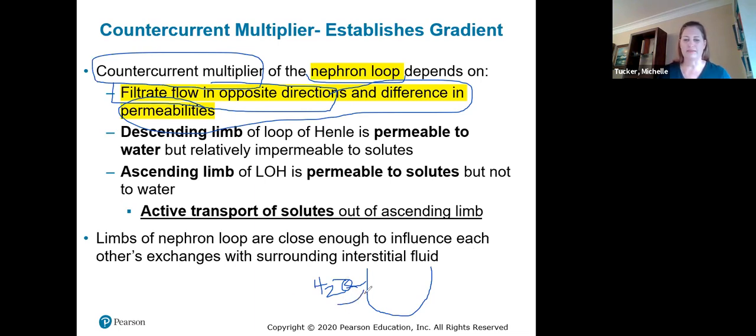In the ascending limb, aquaporins are not present and the junctions are tight, so water has to stay in the tubule. However, salt is actively transported in the ascending limb to the interstitial fluid.